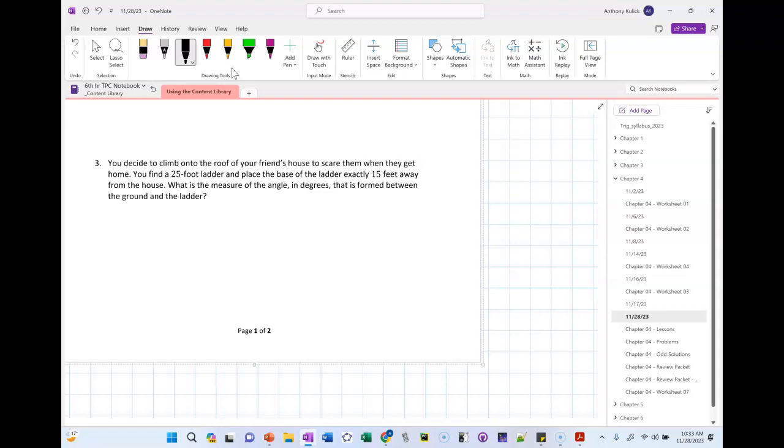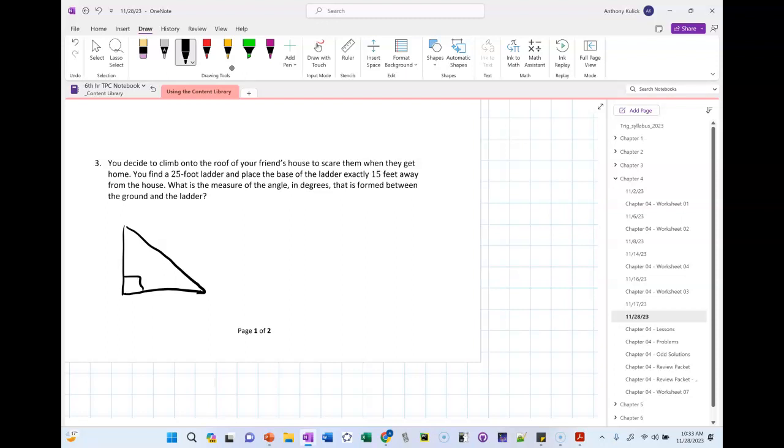All right, so Nick had asked about number 3 on worksheet 3, so that's this, right? It says you climb onto the roof of your friend's house to scare them when they get home.